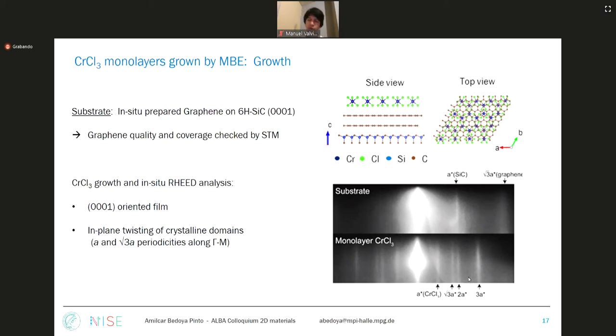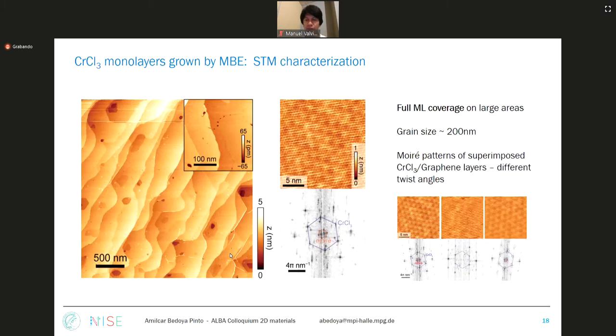So we have two preferential directions, and the twist is preferentially around 30 degrees. We will see later in the STM characterization, this is an STM image of the whole sample, chromium trichloride grown on graphene. What you see here, these atomic terraces, come from the silicon carbide. You can imagine you have atomically flat terraces of silicon carbide, and then like a carpet, the graphene and the chromium trichloride monolayer on top.